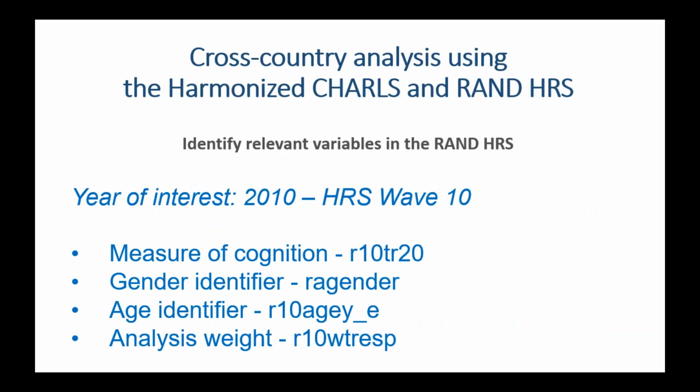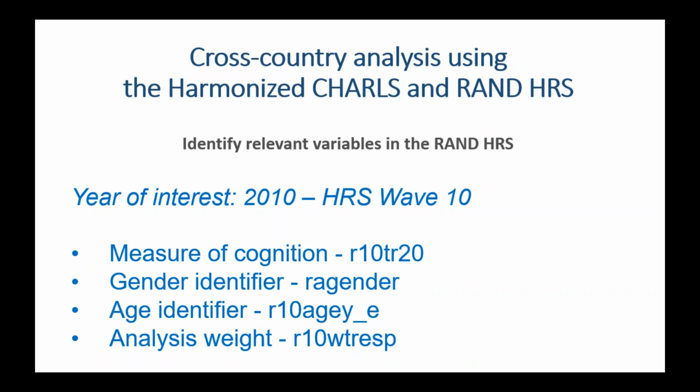So, identifying relevant variables in the rand HRS. Our year of interest for the rand HRS, we're going to pick 2010, which is HRS wave 10. You remember Charles was conducted in 2011, but we're just picking 2010 because it is closest. We're going to need a measure of cognition. Luckily, the rand HRS has the exact same measure.